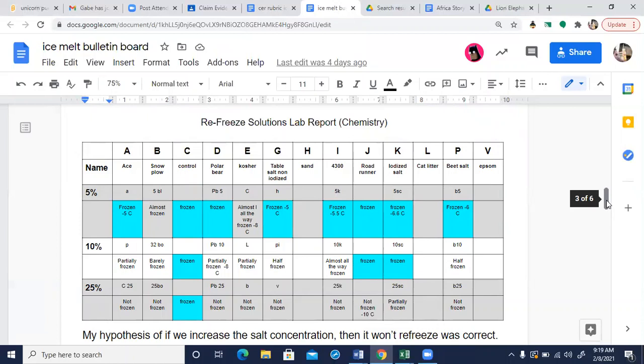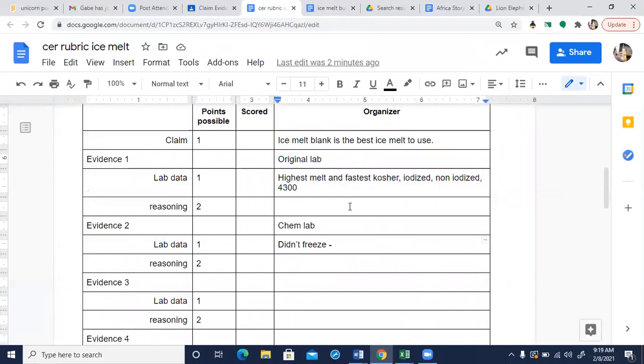Kind of. Snowplow and kosher. So snowplow and kosher didn't freeze at all. All right. I see what I was messing up. Okay, I got you. So we're going to say didn't freeze: snowplow and kosher.